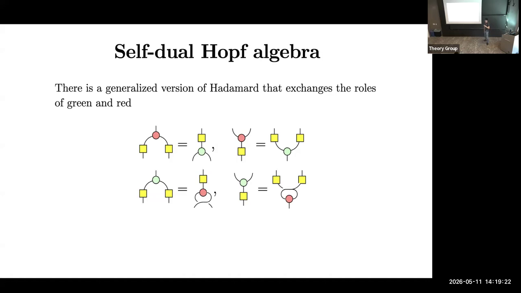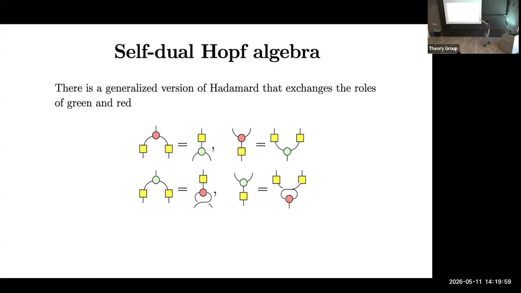Recall that if you did the Fourier transform twice without the minus sign, you would take x to minus x, and that's the real version of the antipode. So when you push this through twice, you flip the outcomes because you inverted everything. The moral is that you just have to keep track of the order of the multiplication. That's in the more general case, but it's very similar to what I talked about before.